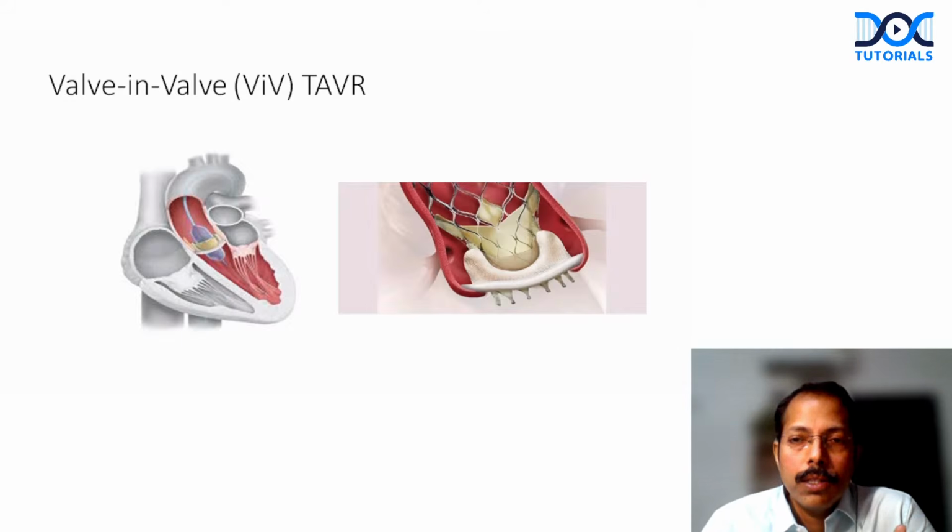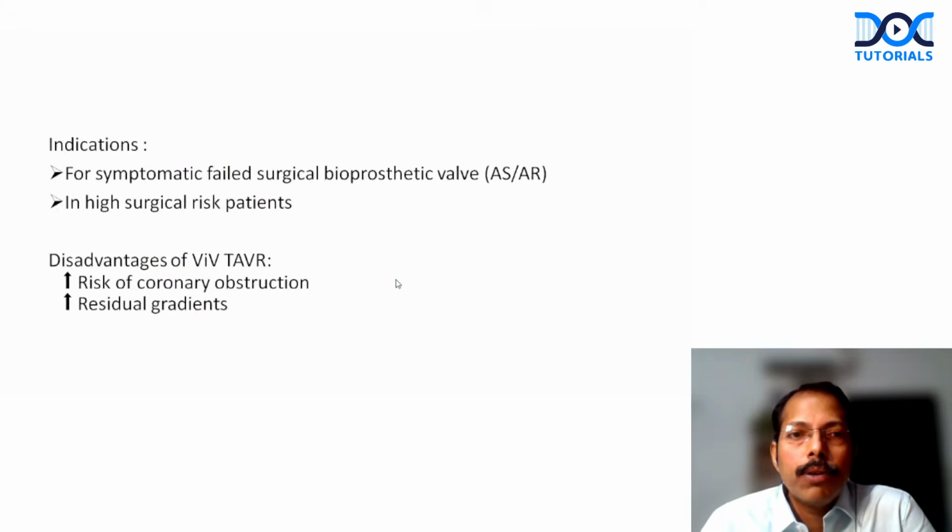So in such a condition, definitely we can go for a TAVI. It's a TAVI or TAVR, all are the same only. So we can put a TAVI valve into the already placed bioprosthetic valve. Okay. And again, indications: symptomatic failed surgical bioprosthetic valve patients in the high risk group.